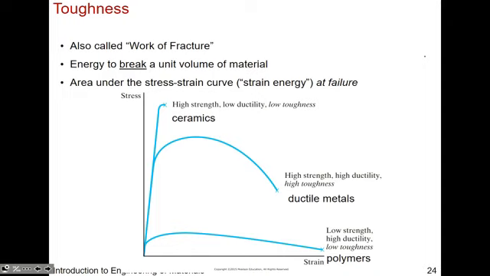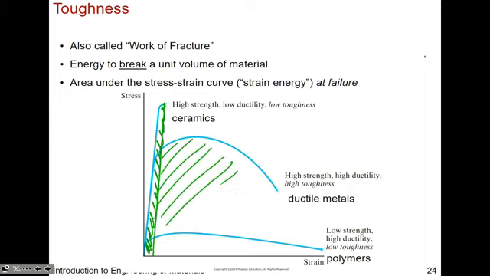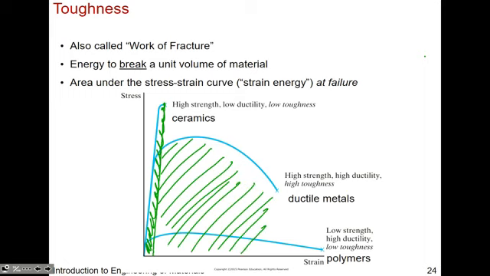So the area under the curve for the elastic region for some ceramic here, right, is much less than that of, let's say epsilon for ceramics, or I should say epsilon, sorry.